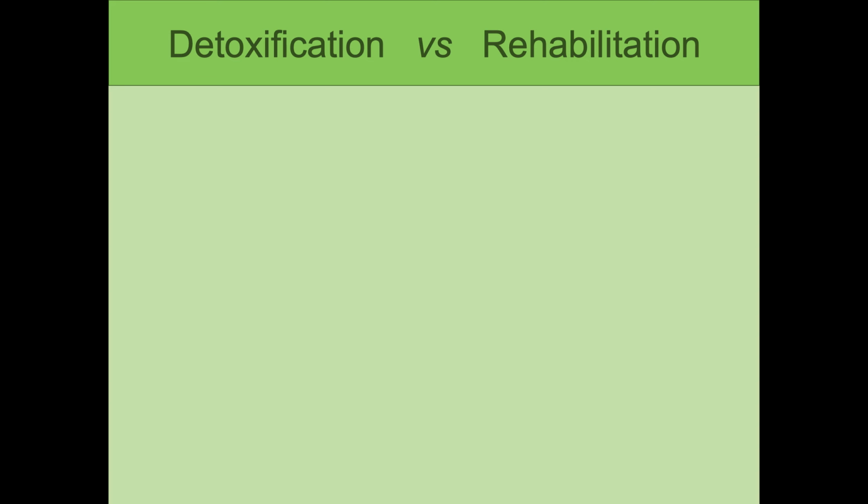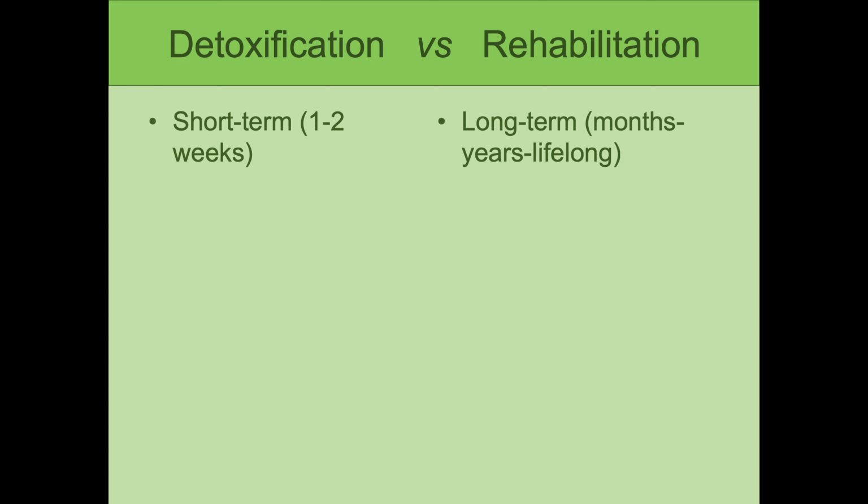Now, when we're looking at detox versus rehabilitation, really the major difference here is the amount of time. So detoxification is usually 1 to 2 weeks, and it is restoring a physical homeostasis in the body. It is very much focused on managing those withdrawal symptoms in a safe environment. Rehabilitation, though, is a longer-term process.